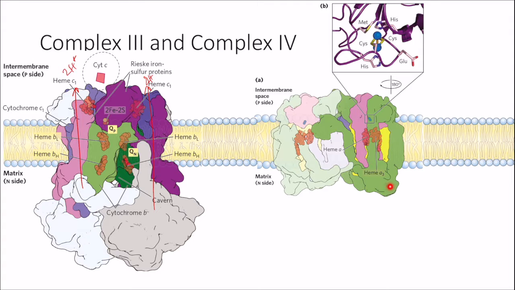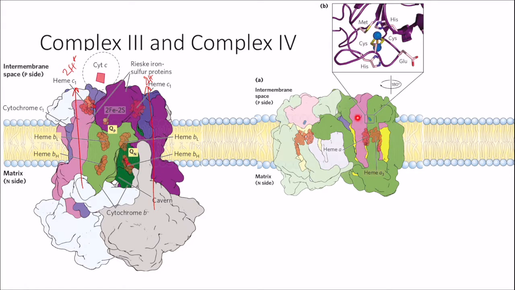Heme A3 then reduces copper B. Now that we have a reduced form of copper B, another cytochrome C will bind and reduce again the copper A center. Then that will reduce the heme A, and that will reduce the heme A3. Now we have the heme A3 reduced as well as the copper B reduced.